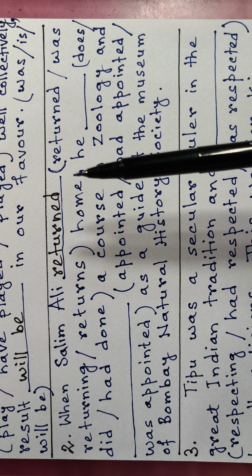He received the appointment. This is the passive voice. Was plus past participle, third form of the main verb. Selim Ali didn't appoint himself. The society appointed him. Therefore, he was appointed by the organization. So the correct option is was appointed, and was appointed as a guide at the Museum of Bombay Natural History Society.